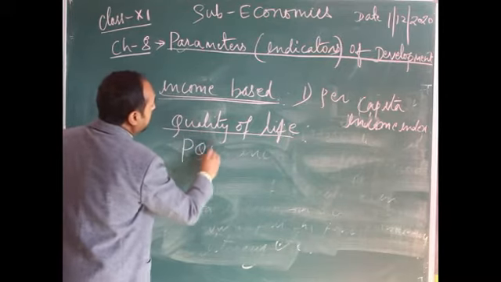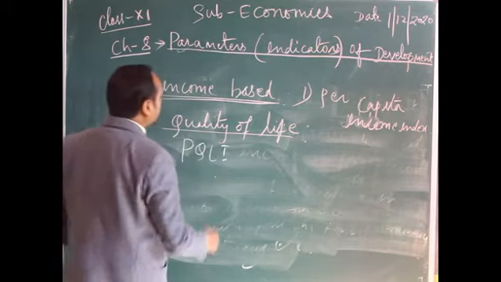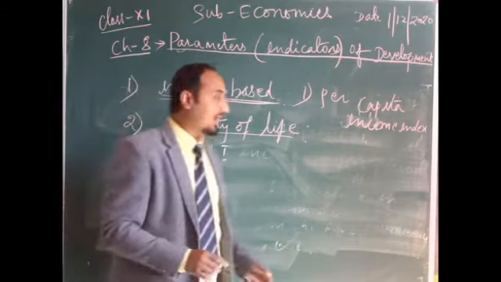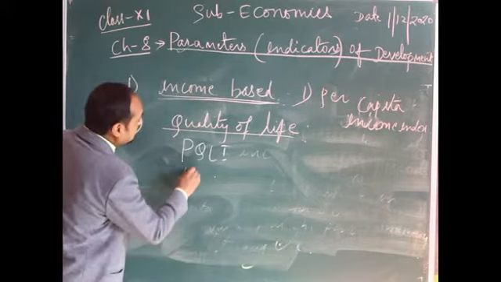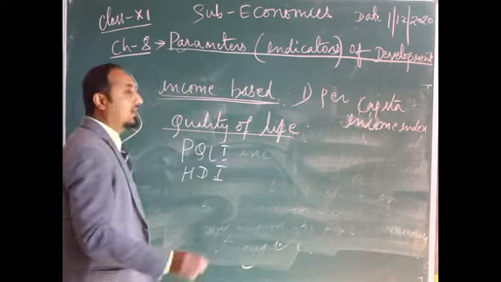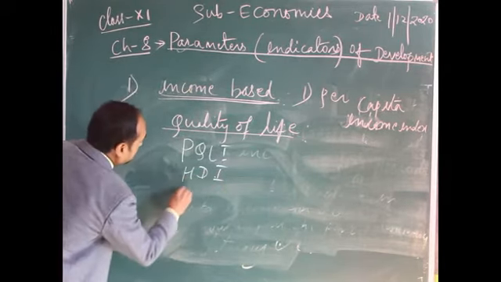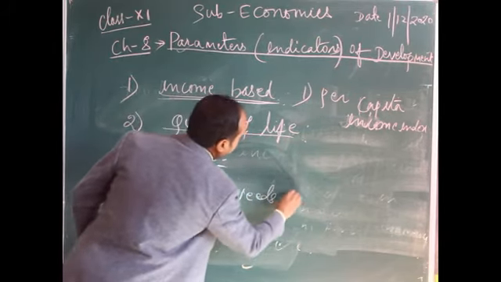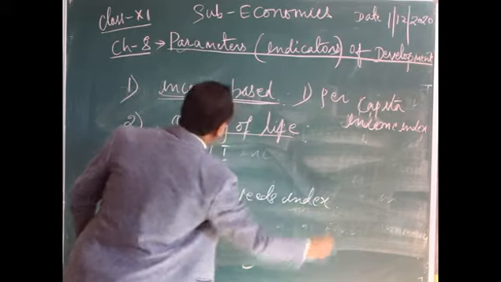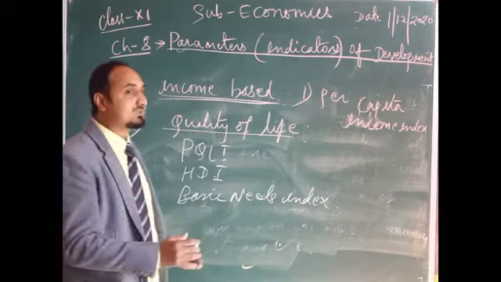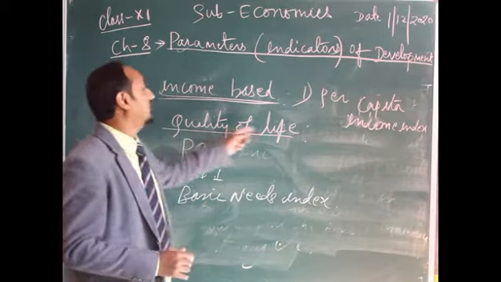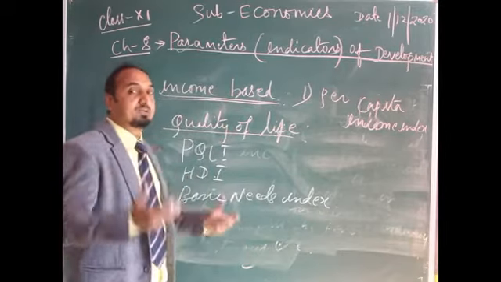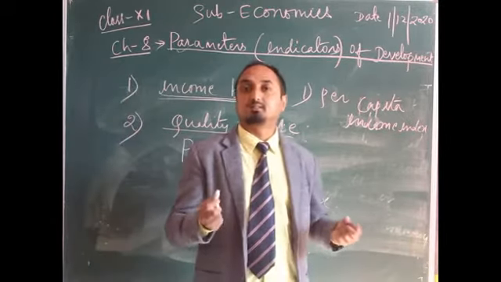One is called PQLI, the physical quality of life index, another one is HDI, and the third one is the basic needs index. So there are three types of index that measure the quality of life, and through those measures we can measure the economic development taking place in the country.